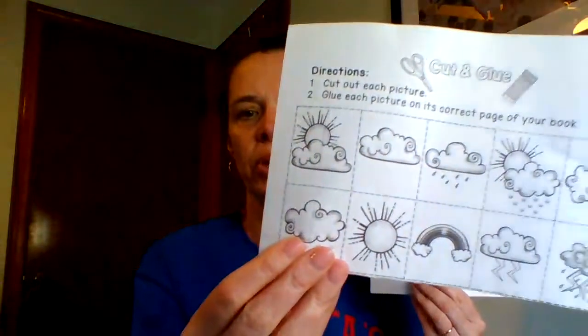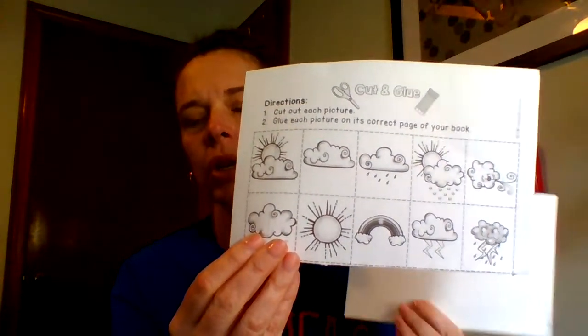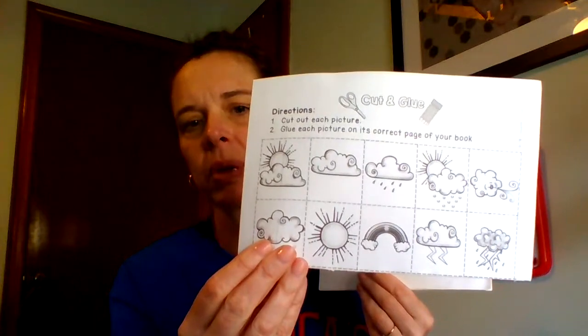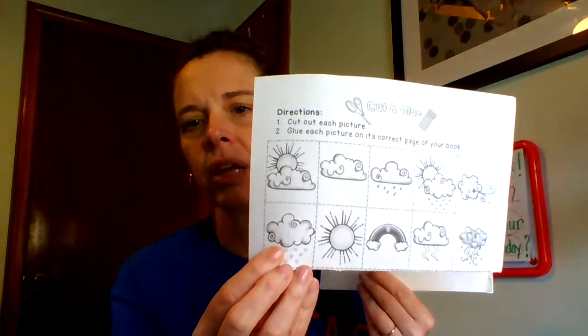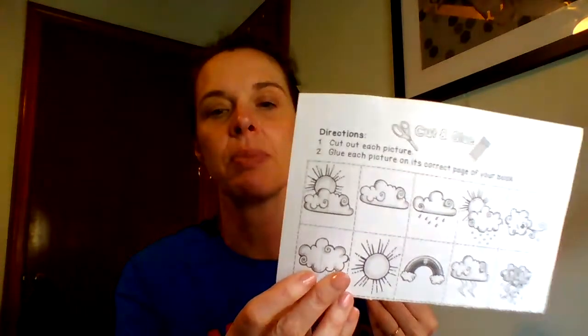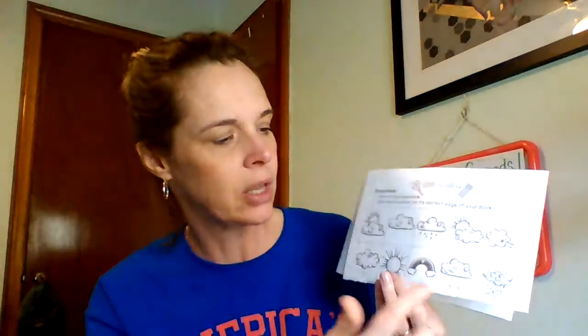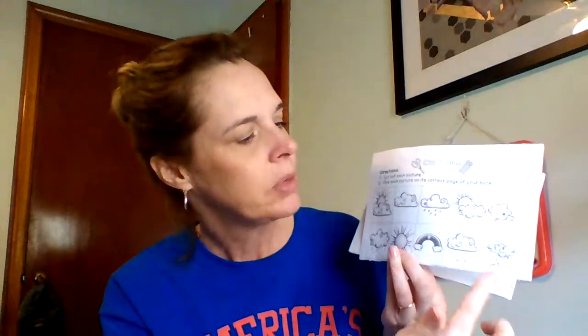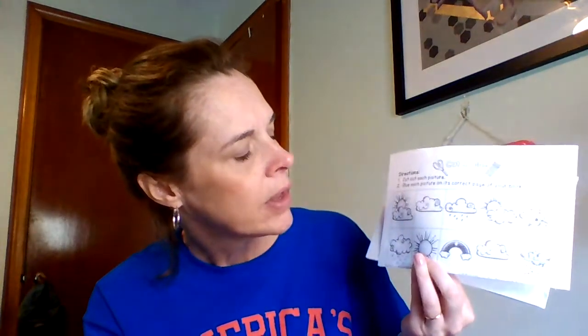Then boys and girls, on the back of the page, there will be some other weather pictures that you did not use. I want you to think about picking one of those pictures, and then think about what you could write about that. So maybe if you picked, we didn't use this one, we didn't use this one, and I think that is it.